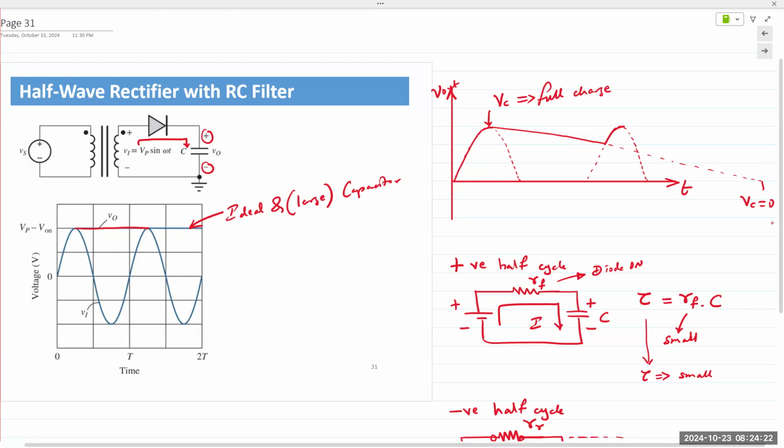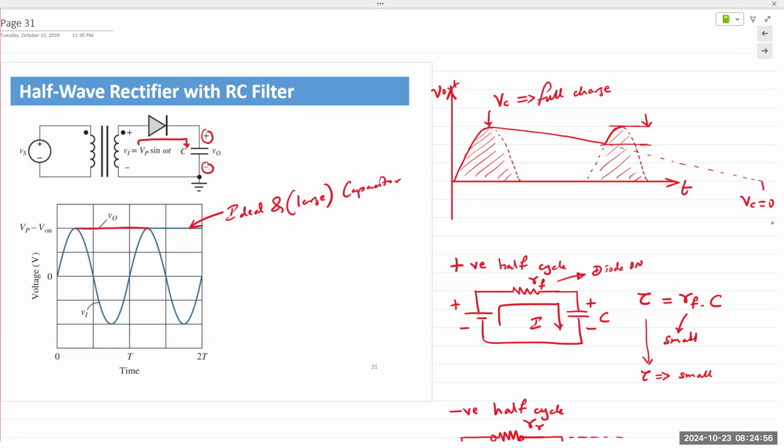So the overall output is now here. If we think of it mathematically as the area under the curve, which would be this, and find the average value, that average value is basically our actual DC voltage.